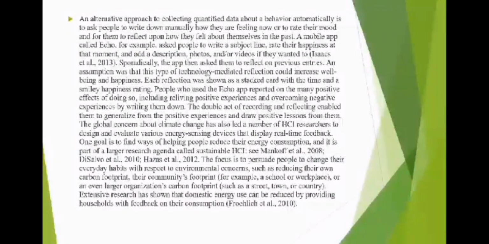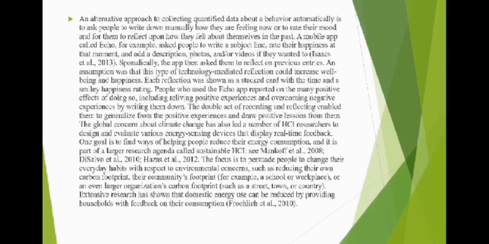An alternative approach to collecting quantified data about behavior automatically is to ask people to write down manually how they are feeling now or to rate their mood, and then to reflect upon how they felt about themselves in the past.